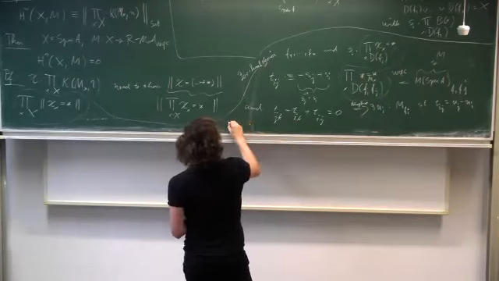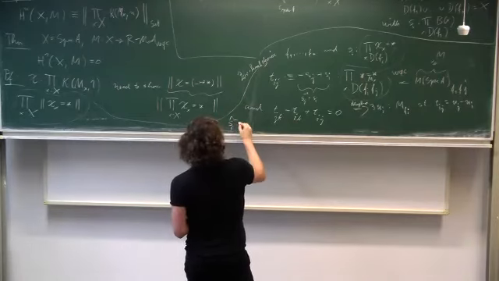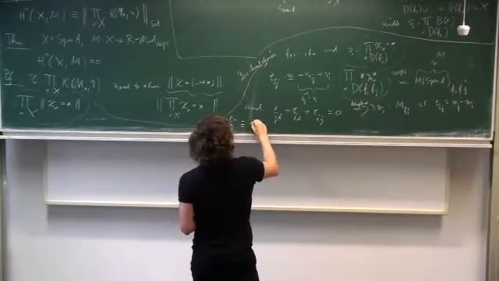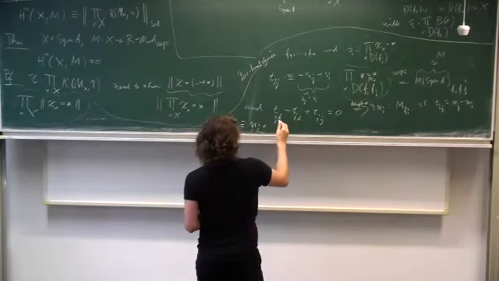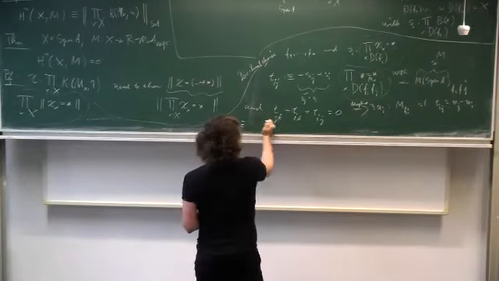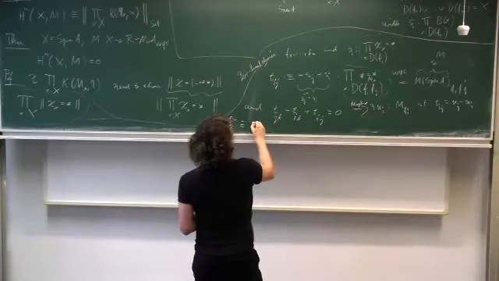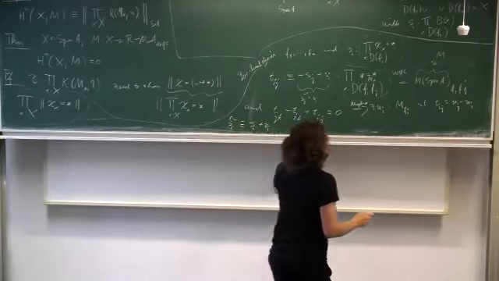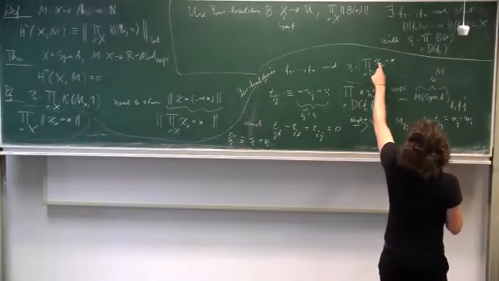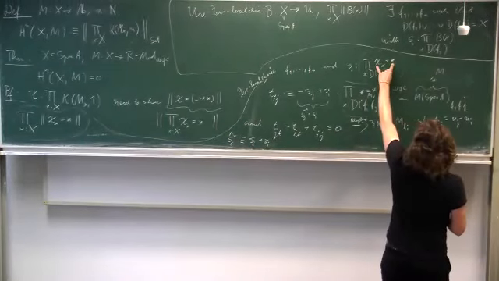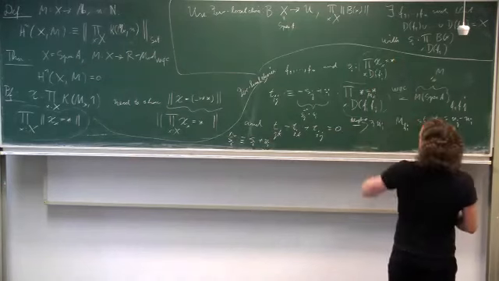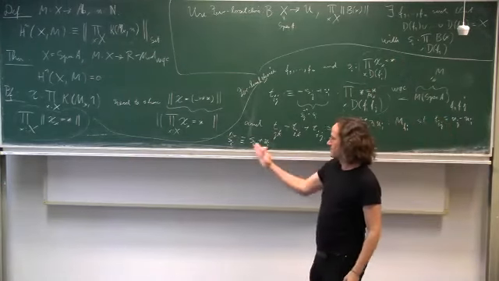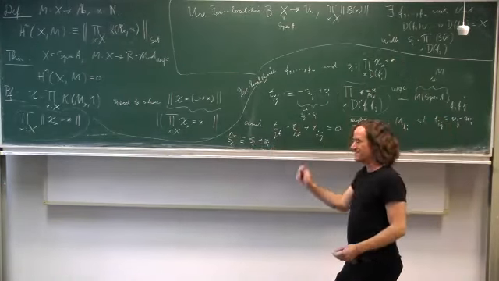So I'll define some corrected s_i to be s_i plus u_i, or more homotopical, we can go this way with s_i and then loop with u_i. So this is to be read pointwise as always.